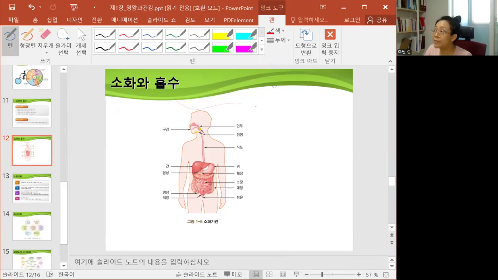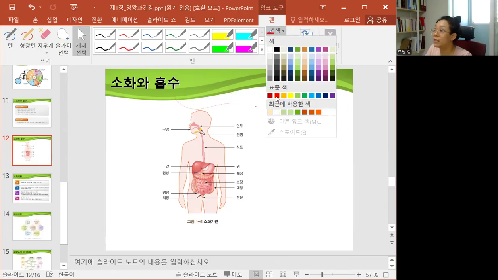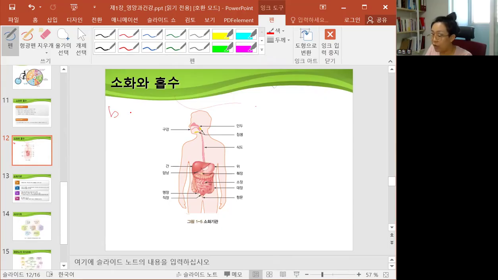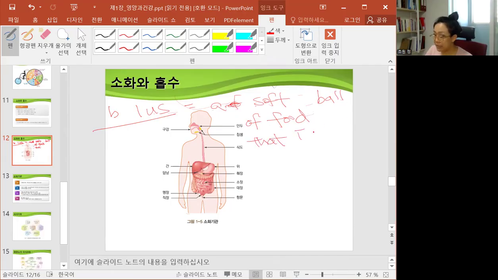Bolus, a soft ball of food that is easy to swallow.